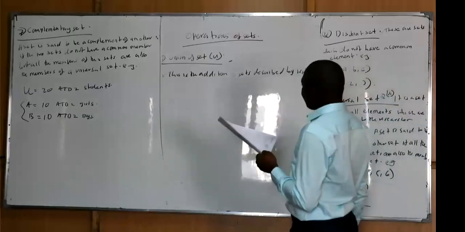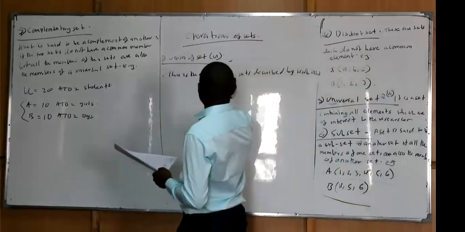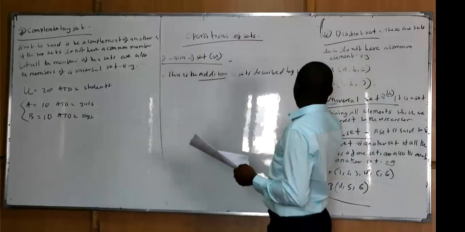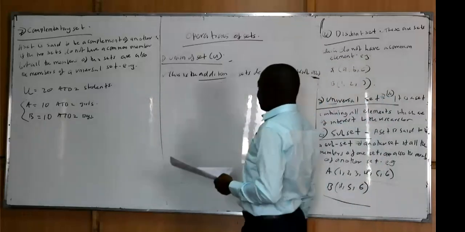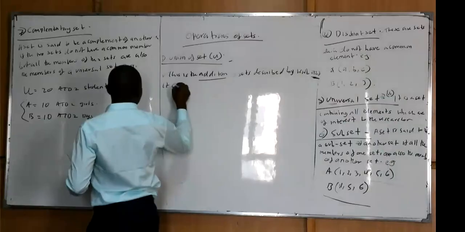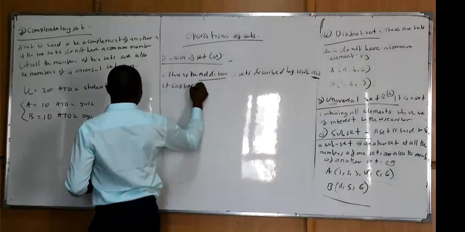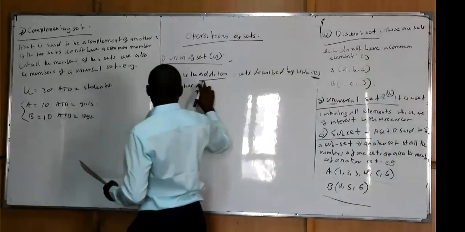So this is the addition. The keyword here is addition of sets, described by the word or. Continuation: it captures all. Underline the word all.